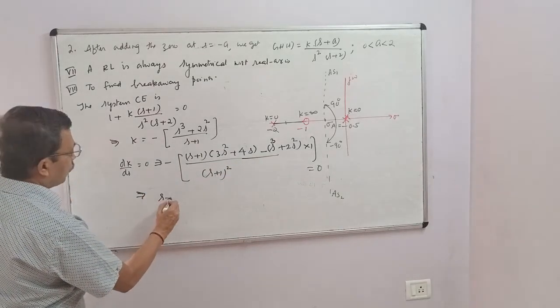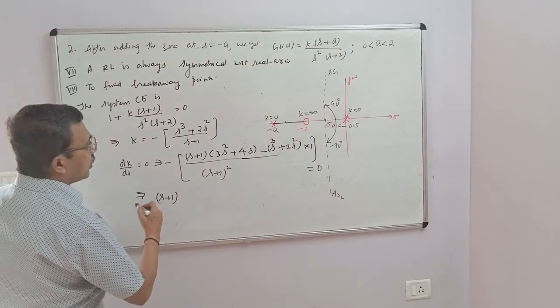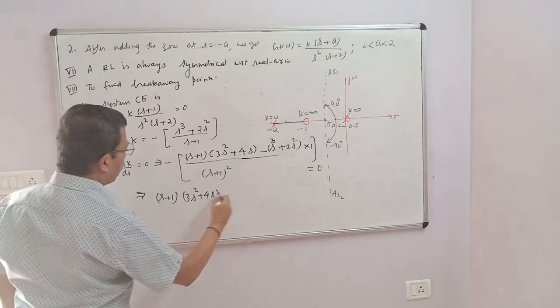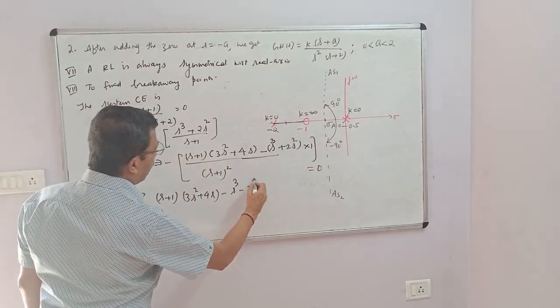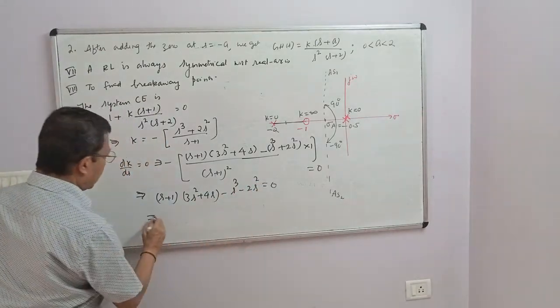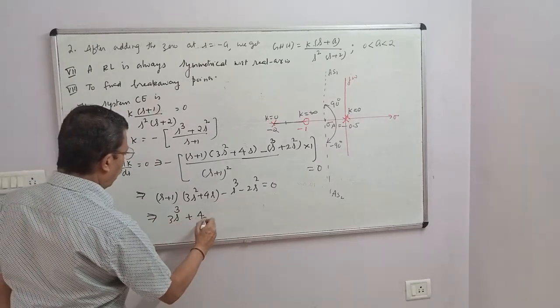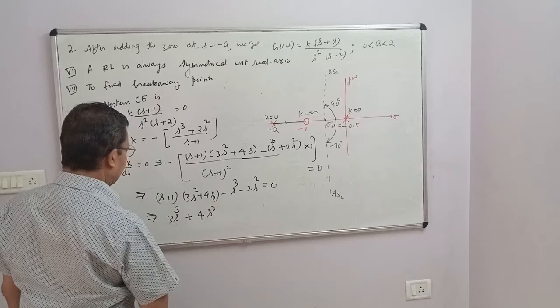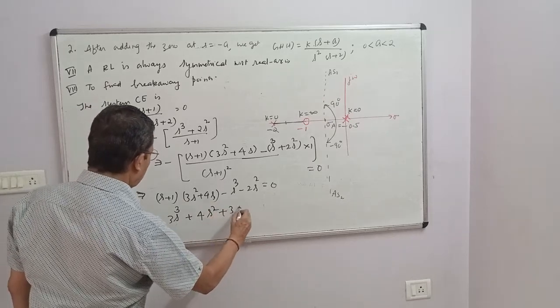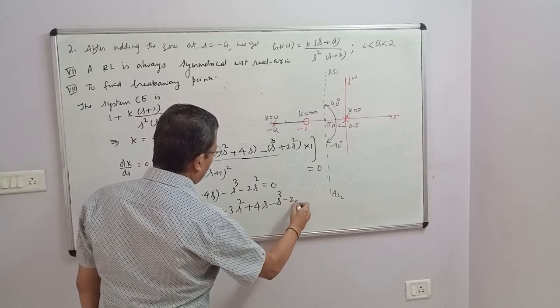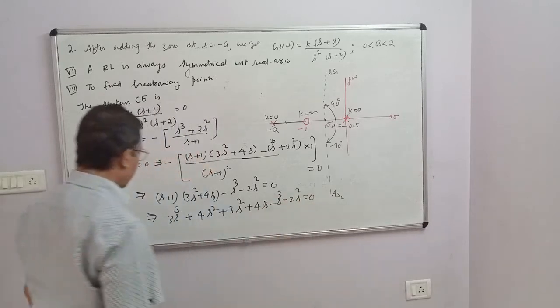This implies (s plus 1) into (3s square plus 4s) minus s cube minus 2s square equal to 0. So this is 3s cube plus 4s square plus 3s square plus 4s minus s cube minus 2s square equal to 0.